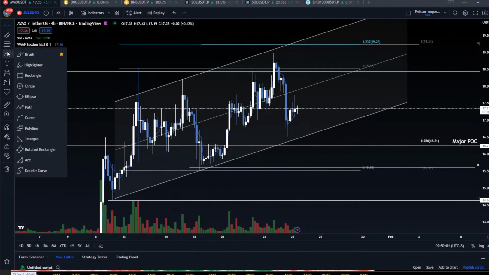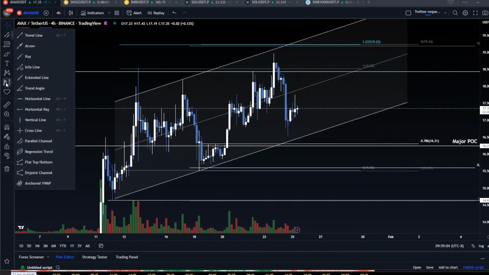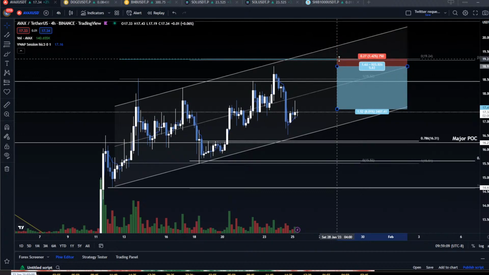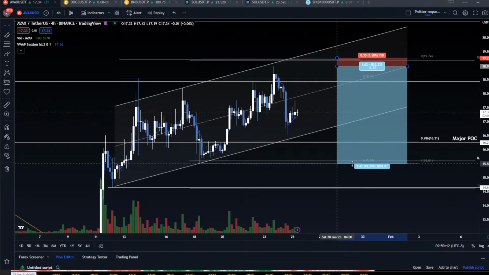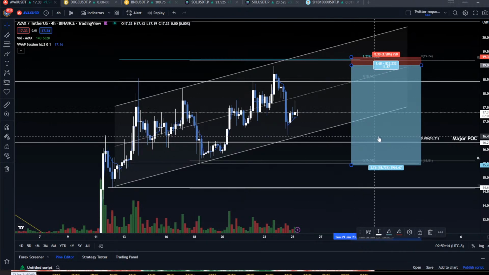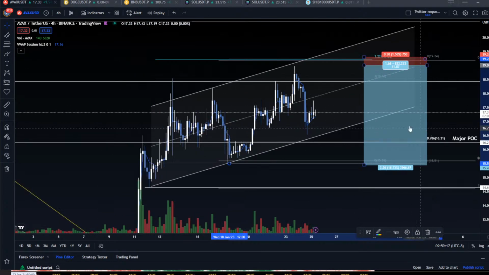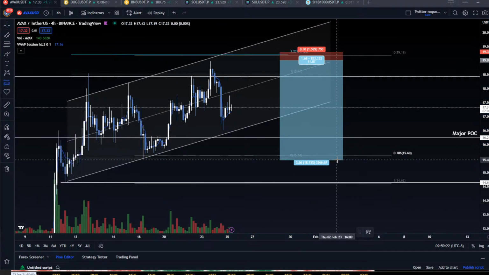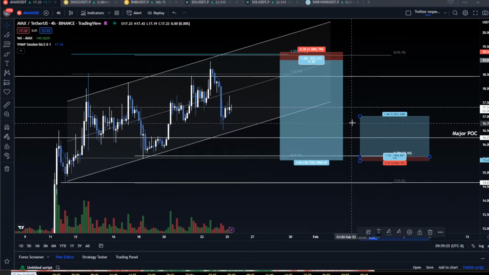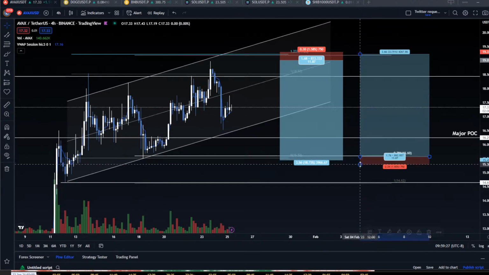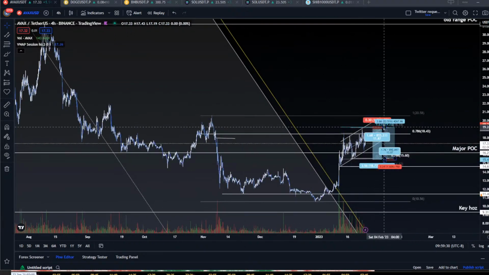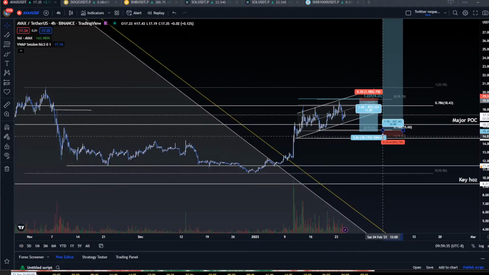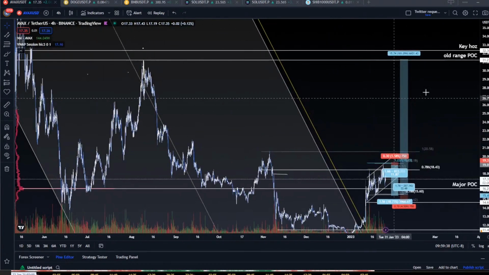I'd be interested in a short if we swept these highs and lost them, targeting down into this low. And I'd be interested in a long, looking for another leg up.